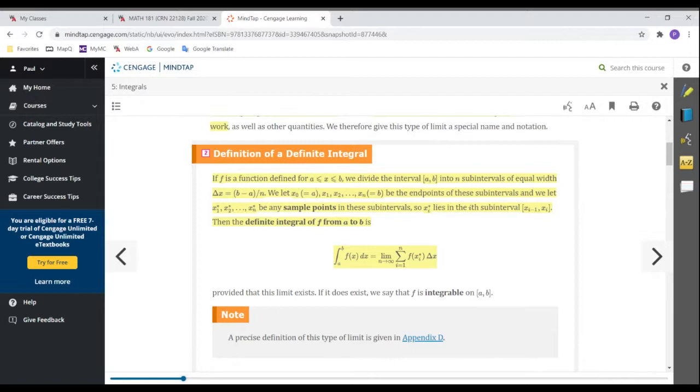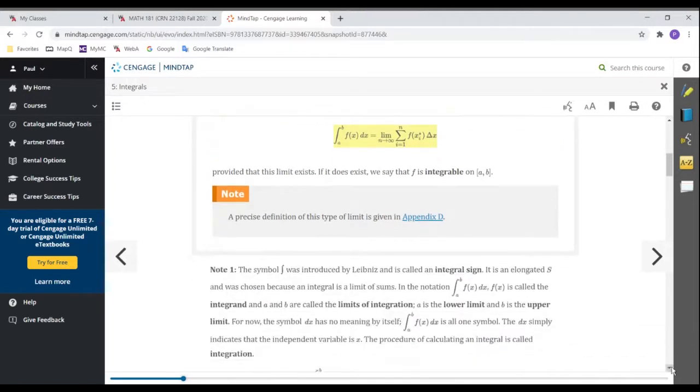But if we take more and more rectangles, more and more subintervals, dividing the area of interest from x equals a to x equals b into more and more subintervals, then as the number of subintervals goes to infinity, the sum of the areas of these rectangles is actually a definite integral, and that's what they're showing here in definition 2.